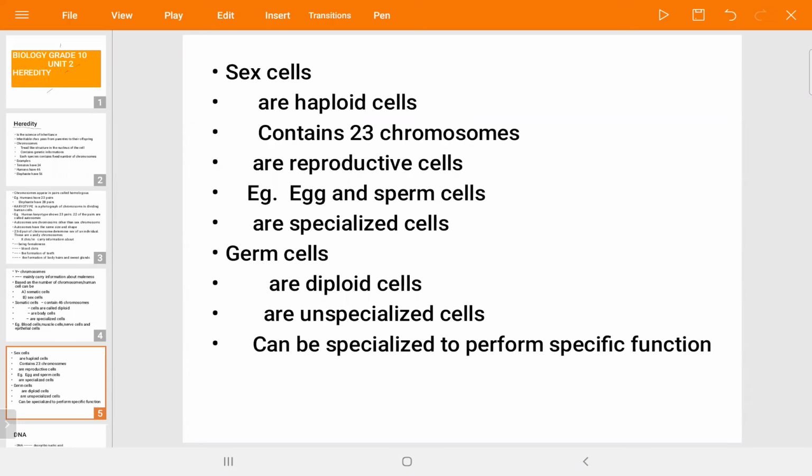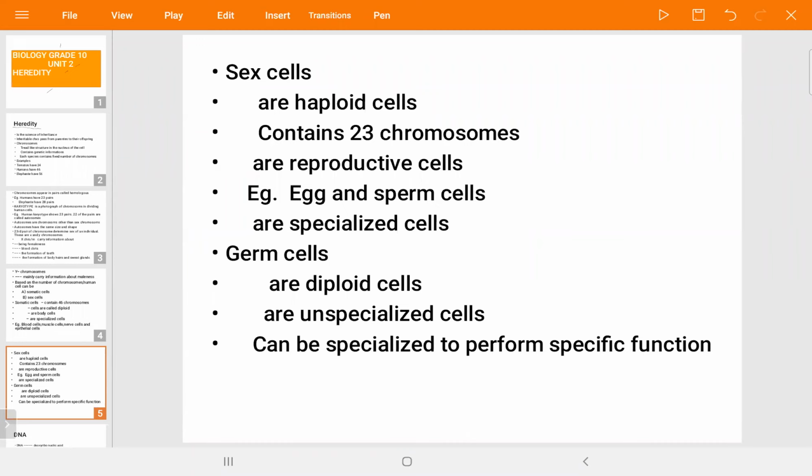Germ cells, like somatic cells, contain genetic information from the father and genetic information from the mother, but they are unspecialized cells. The germ cells are found in gonads, in sex organs, and germ cells are used to produce sex cells by reduction division known as meiosis.